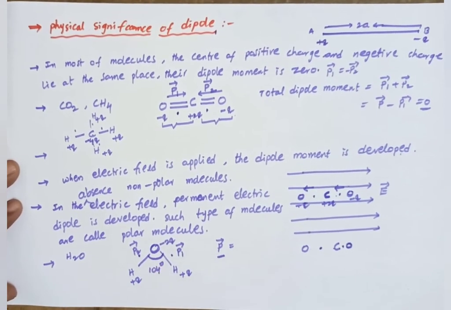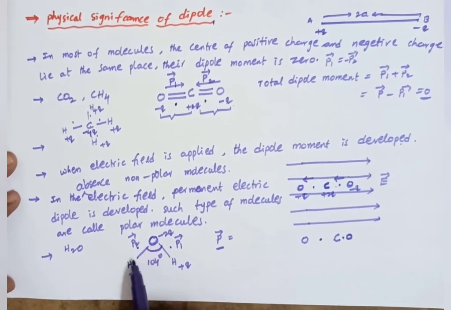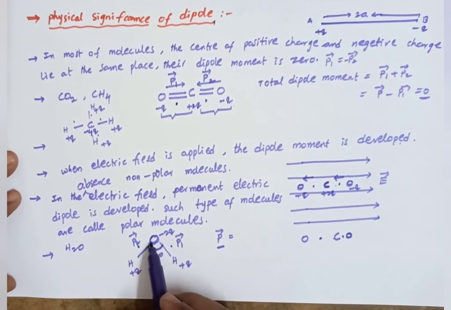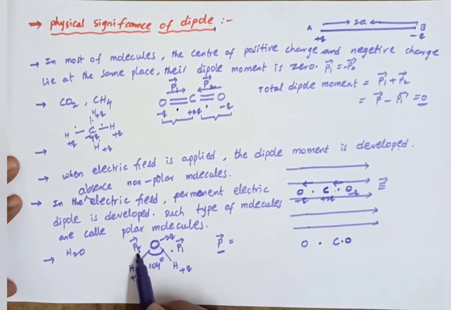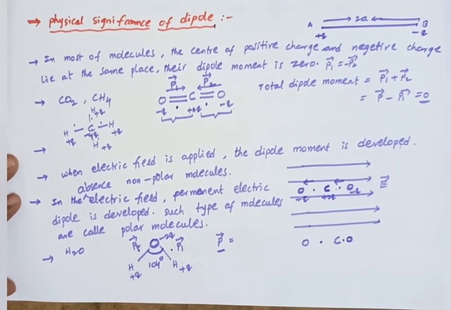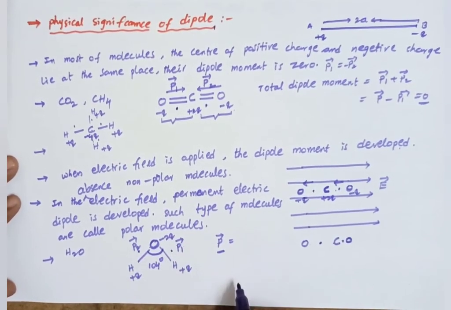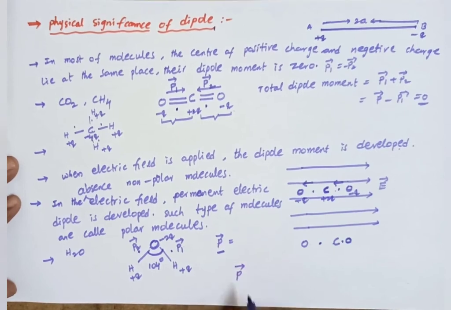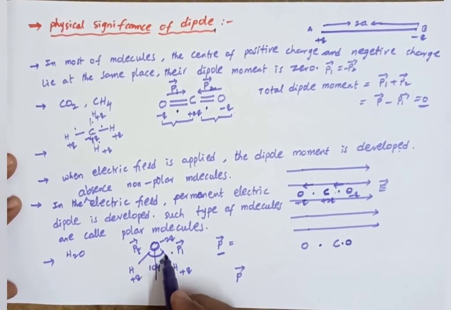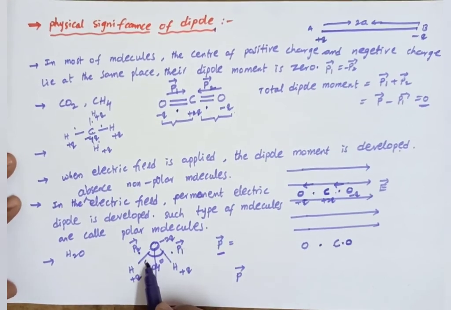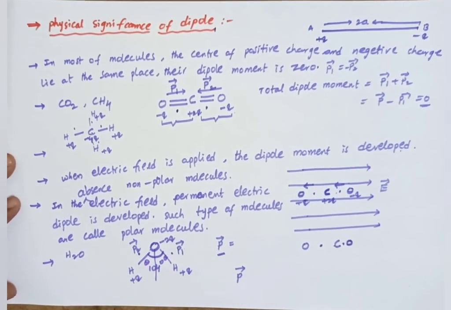104 degrees. For example, in the parallelogram law, this is P1 and P2, these are two sides. For the total dipole moment, this angle is 52 and this is 52, so it is theta and theta.